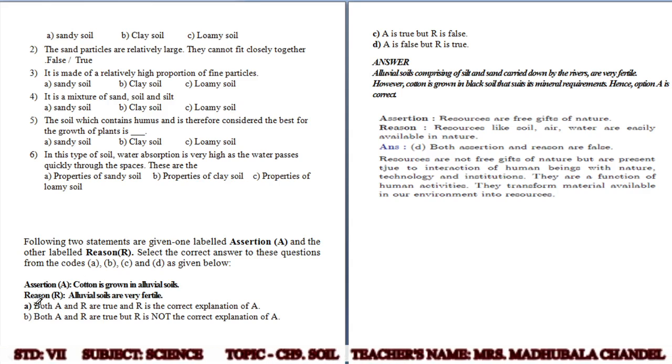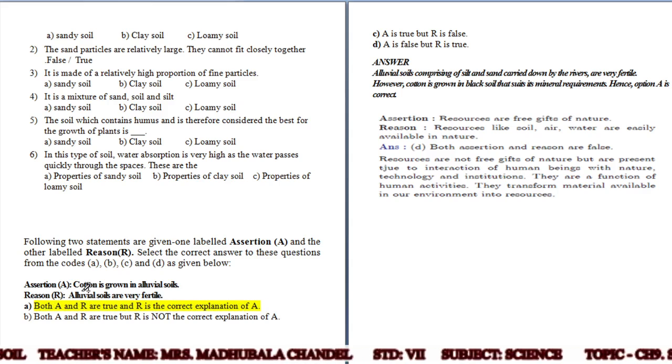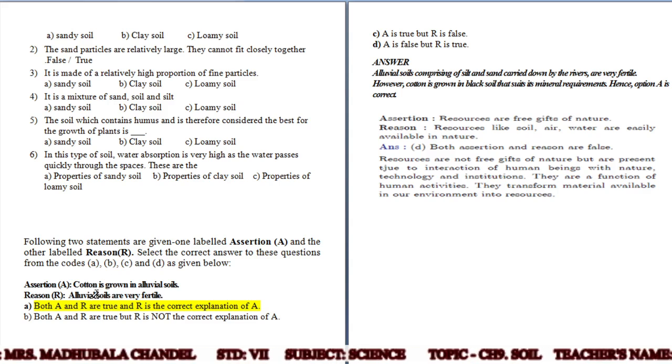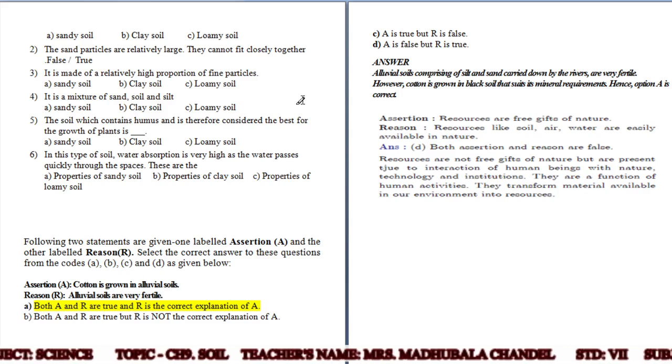Now, as you can see here, in the first option both A and R are true, and R is the correct explanation of A. So what has been given? Both the statements are true and R, alluvial soils are very fertile, is a correct explanation of A. If you think this option is correct, your answer will be A, B, C or D accordingly.